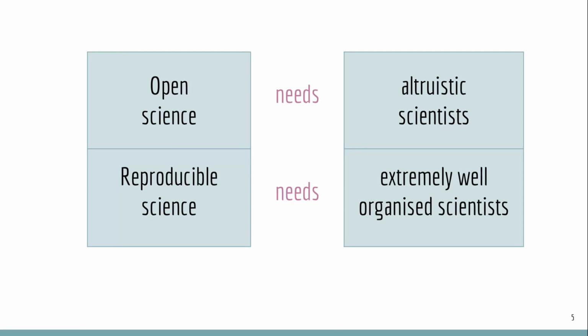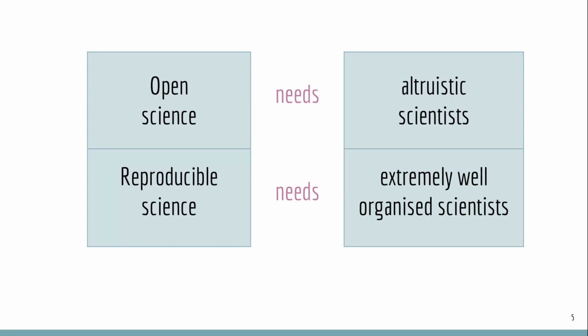Why do I talk about reproducibility if I'm interested in open science? I think that to have open science, we need altruistic scientists, scientists who are willing to share their work with the world without wanting much back.